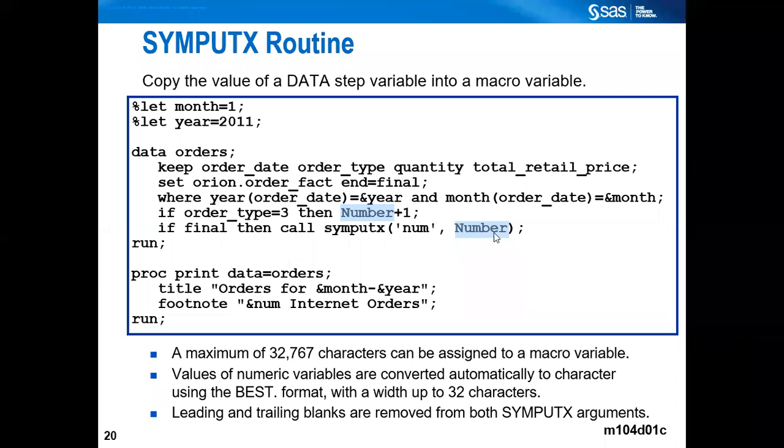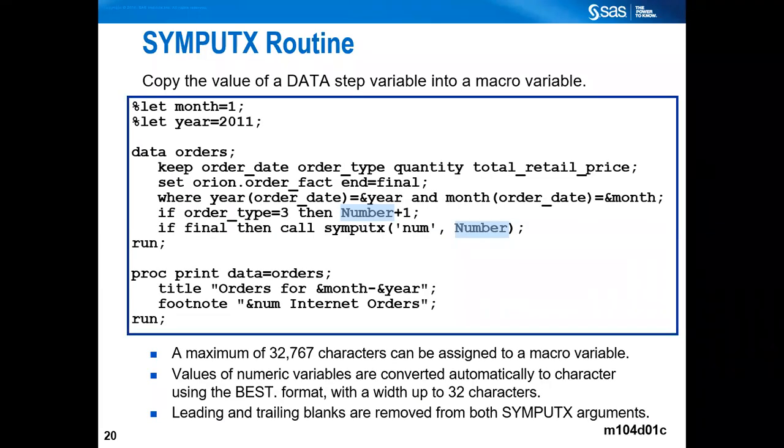Though here number is a numeric variable, it's going to be saved as text. So it will convert automatically to character with the BEST. format with a width up to 32 characters. Leading and trailing blanks are removed. Same rules apply for macro variables as with the %let statement.